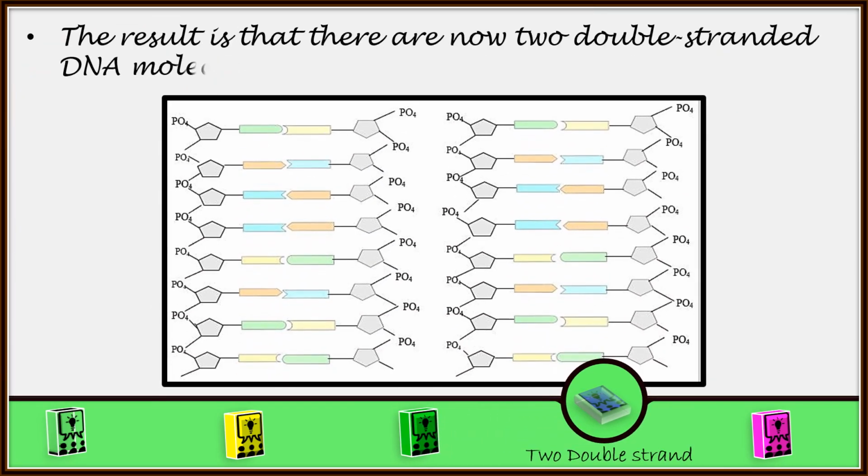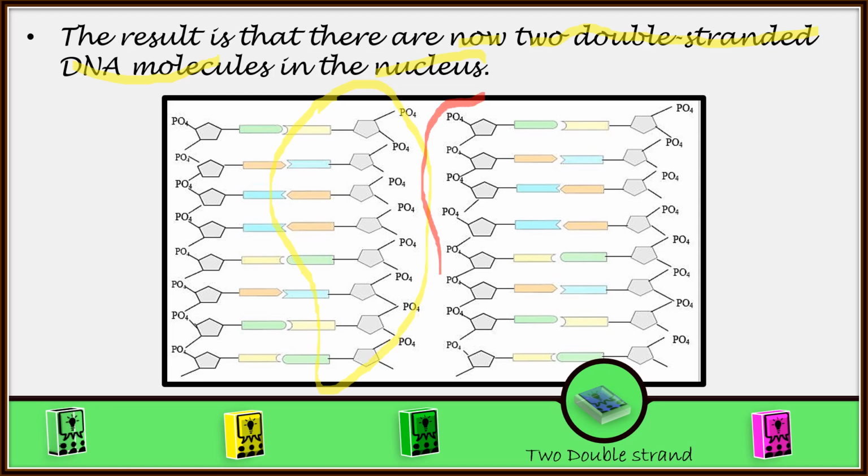Now we are seeing that as a result, there are two double-stranded DNA molecules in the nucleus. This one has formed its pattern, and the other one has also formed its pattern, which is this pattern here. In the nucleus, we had one DNA molecule which unwound and separated, and then they started forming patterns by joining different nucleotides.